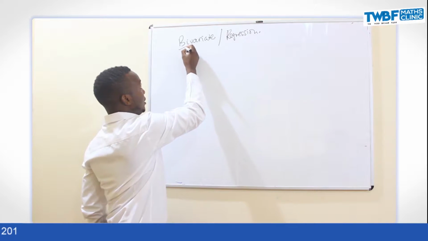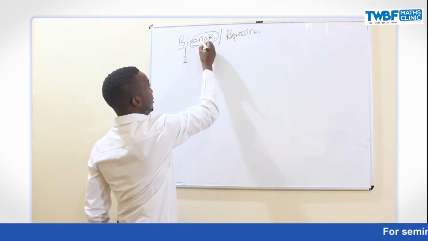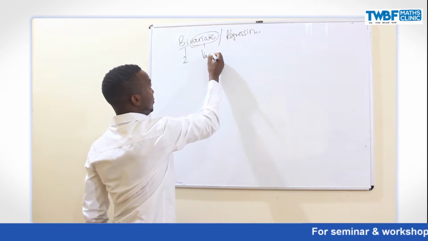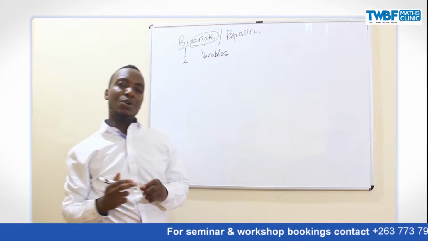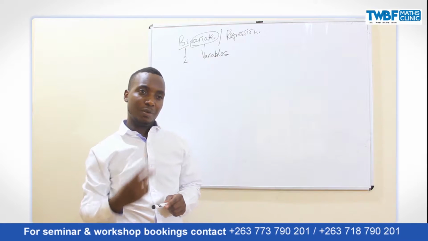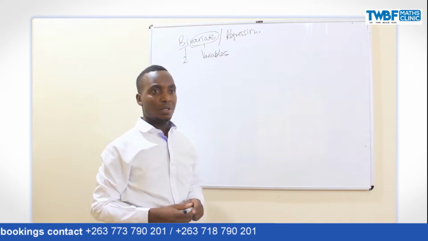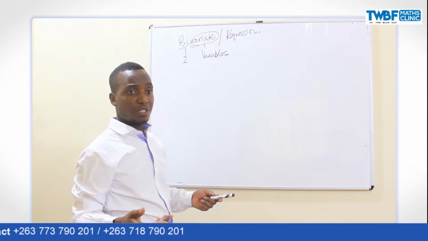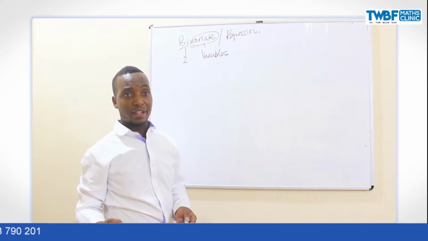Bi means two, and variate is variables. So in other words, we are going to be dealing with data that involves two variables. Maybe for simplicity's sake, we can say data with x and y.